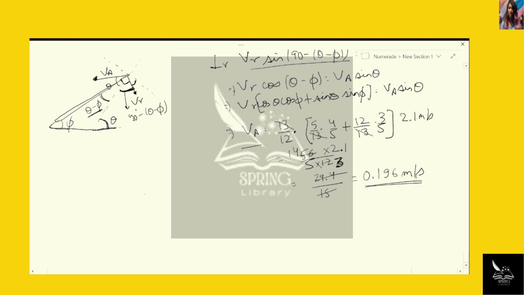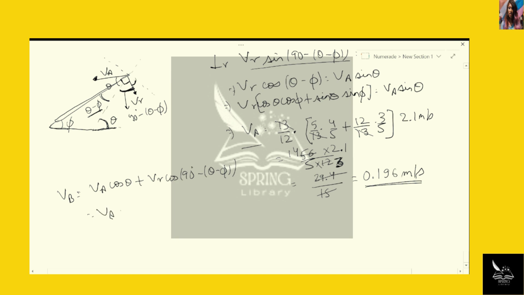Then what about VB? So VB is going to come from the components along the wall. So components along the wall are VA cosine theta plus VR cosine of 90 degrees minus theta minus phi.